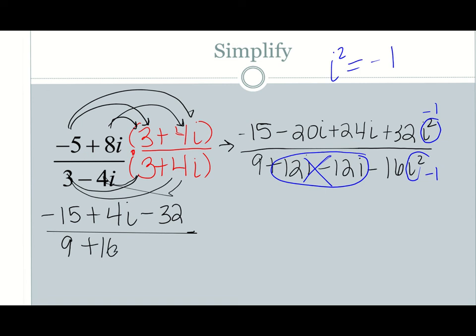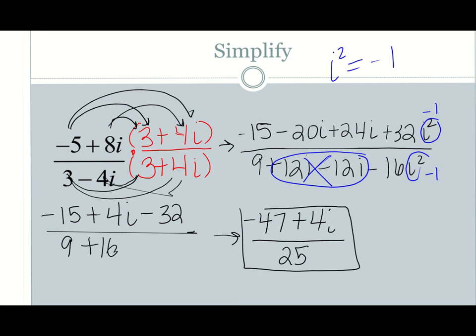So if we go through and finish simplifying, we have negative 15 minus 32, which is going to give us a negative 47, plus 4i, divided by, we have 9 plus 16, which is going to give us 25. 47, 4, and 25 have nothing in common, so here is our final answer after we've rationalized our denominator.